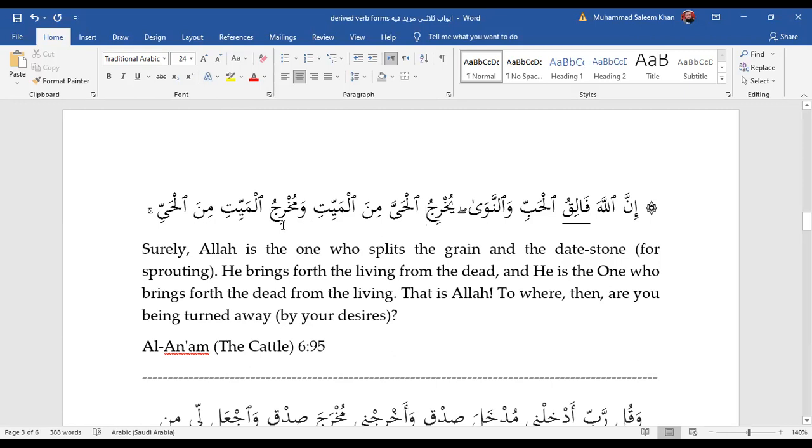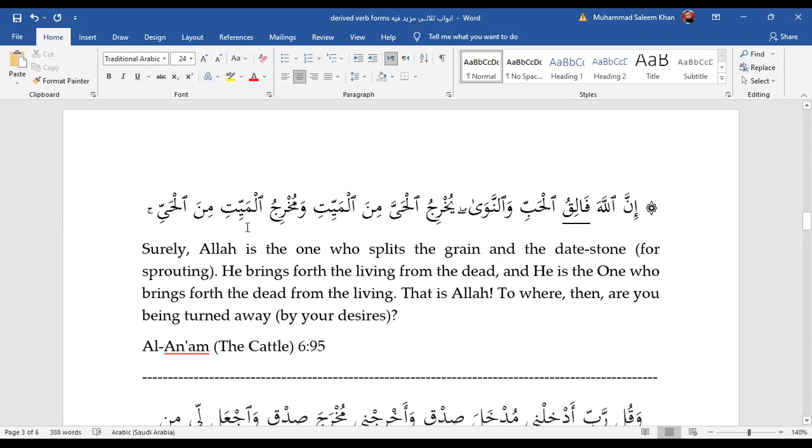مخرج. Okay, مخرج. What pattern is this? فاعل. Yani the doer, right? Yes. Okay, مخرج, the one who brings out, right? So مخرج الميت. What construction is this? مخرج الميت. مضاف إليه.